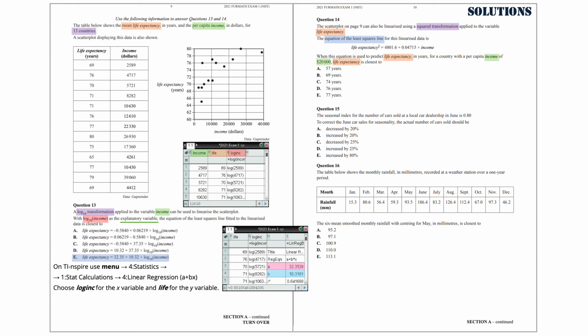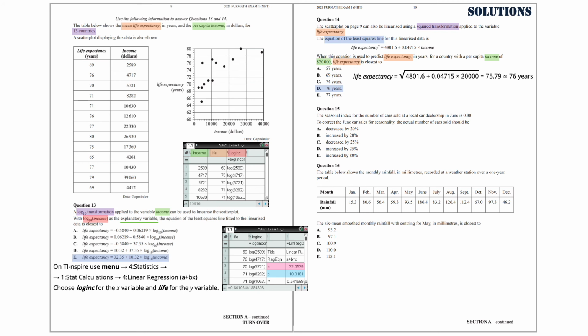So we use the equation given, life expectancy equals square root of 4,801.6 plus 0.04715 times 20,000, and that is approximately 76 years. So the answer we are after is option D.